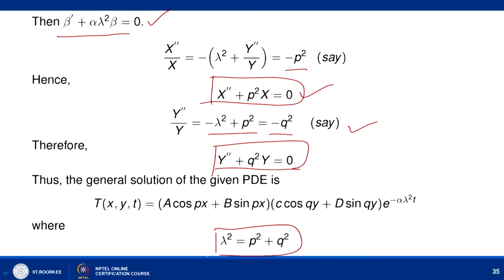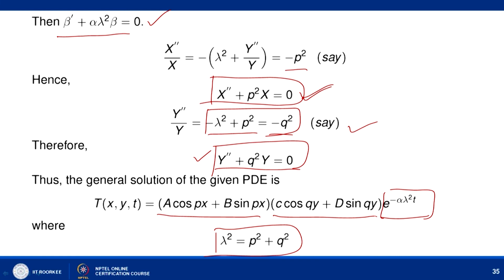Lambda square we can write as p square plus q square. Here we can find our lambda like this. The solution of this equation is given as a cos px plus b sin px. The solution corresponding to this we can write as c cos qy plus d sin qy, and the solution of this equation is given as e to power minus alpha lambda square t.